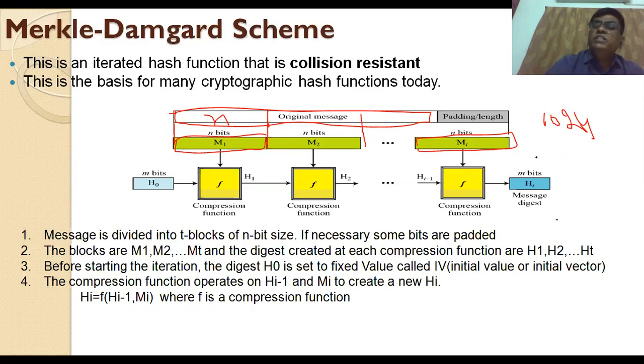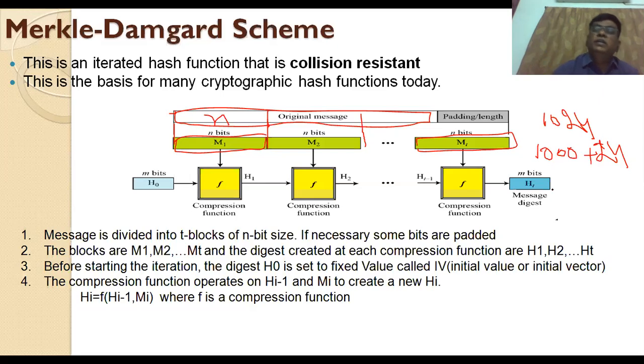Suppose the last block contains only 1000 bits, you need to pad, that means add 24 more bits to the last block. That is called padding, to make the last block also the size of 1024 bits.